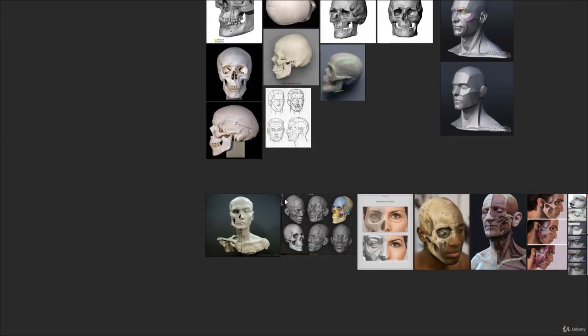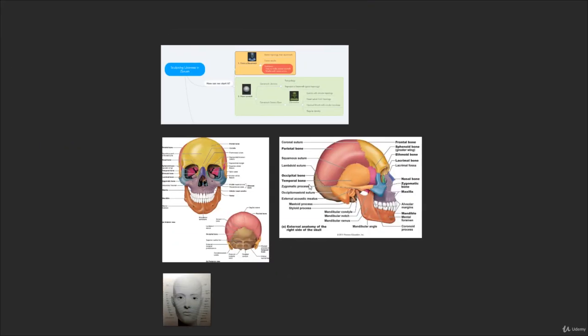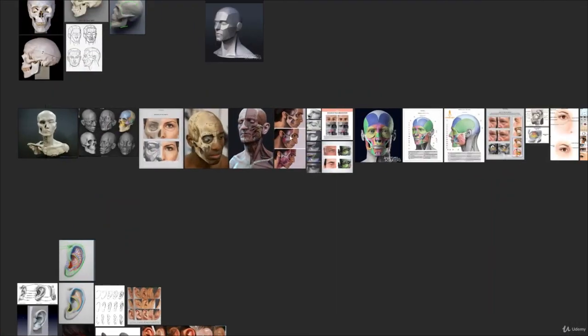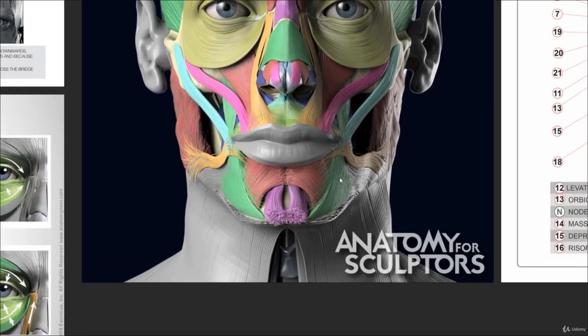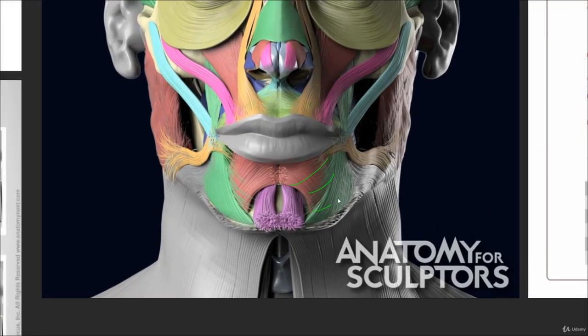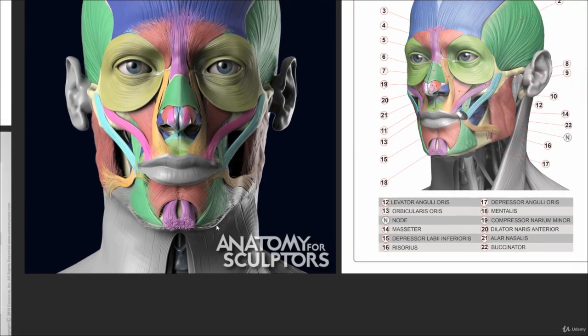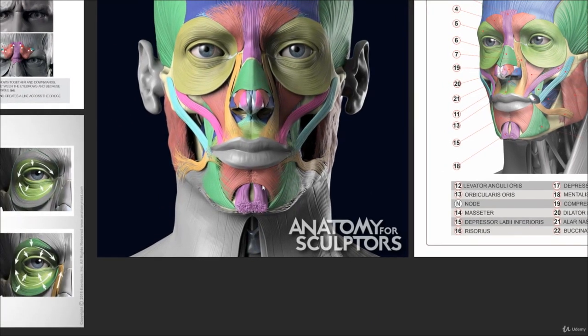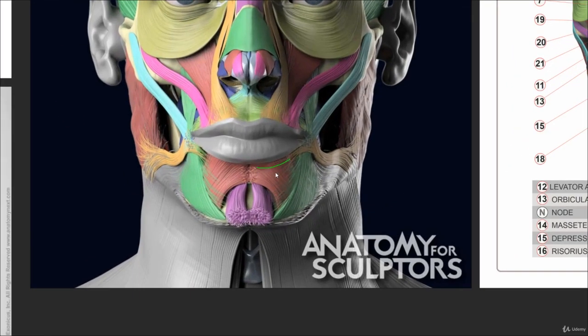Yeah, it's not really showing in those references, but this one here, I think is called depressor labii inferioris, number 15. So this muscle is going to make that nice diagonal shape going to the lateral of the chin, right?